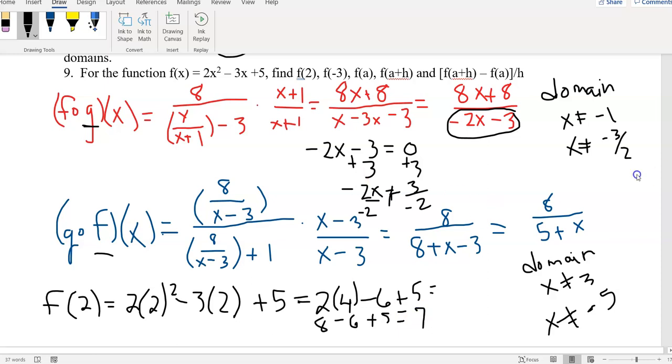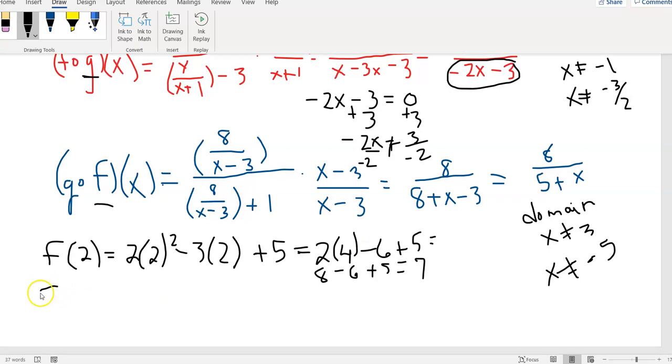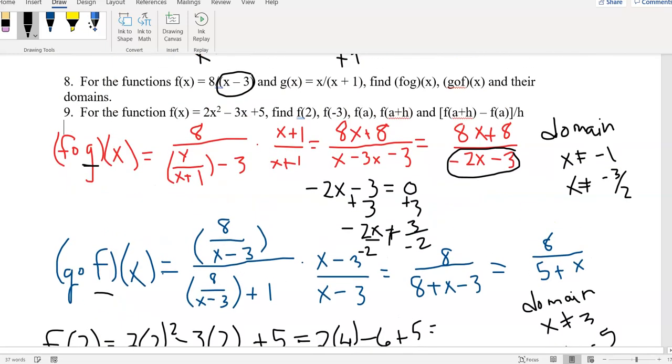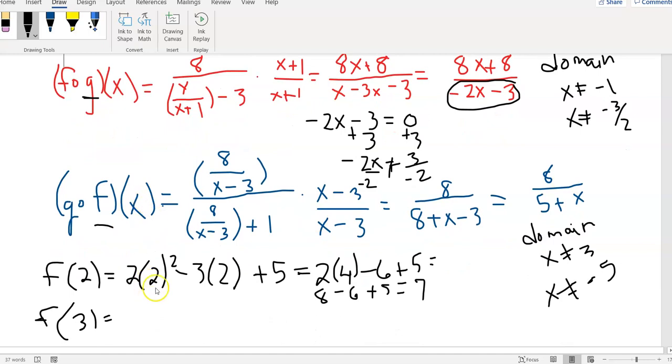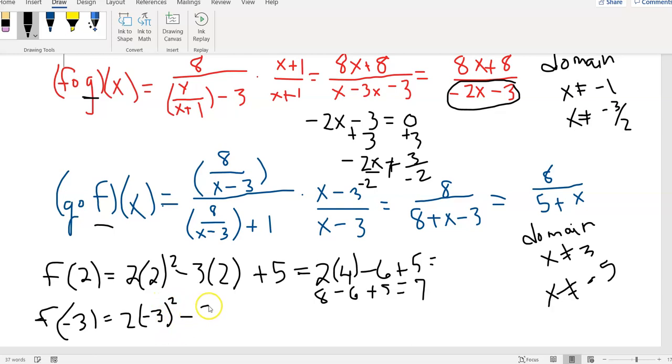All right, now let's do f of minus 3 in the same fashion. Can't see our function very well anymore, but let's see, 2 times minus 3 squared minus 3 times minus 3 plus 5, or we can just look up here and replace the 2 right there with a, oh, it should be a negative 3. All right, so again, let's do our order of operations.